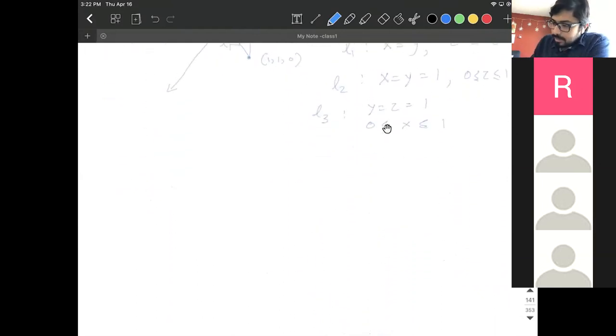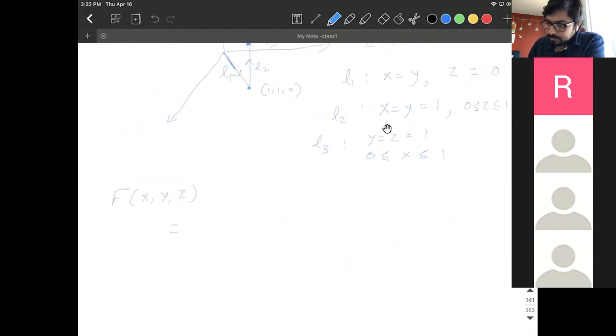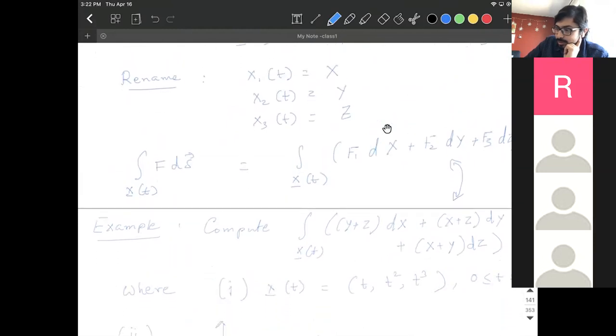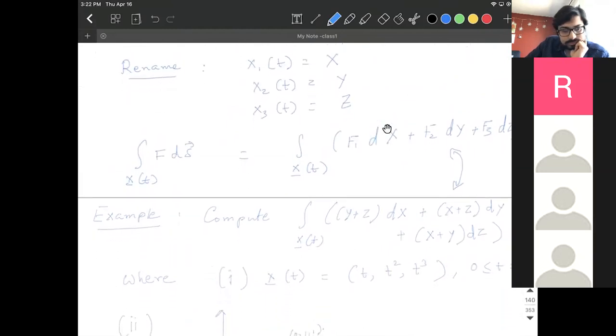So can anybody tell me what is the vector field hidden in this problem? Any idea? Look at this expression and then try to compare.